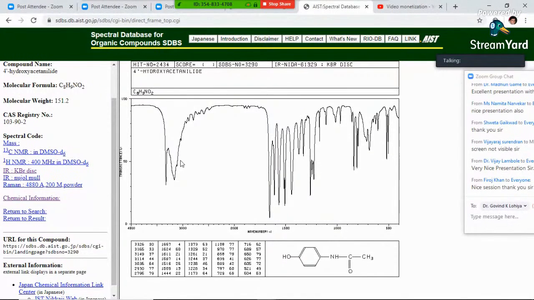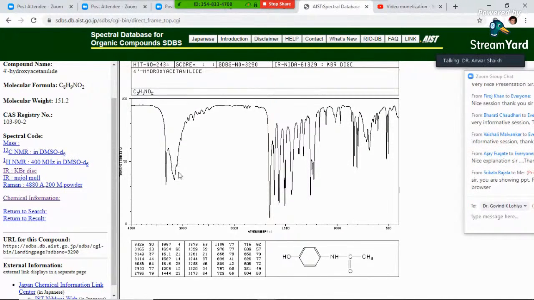Can you see these shoulder peaks at 2900? If you zoom in, you will be able to see it properly. This shoulder peak is due to the sp3 CH.